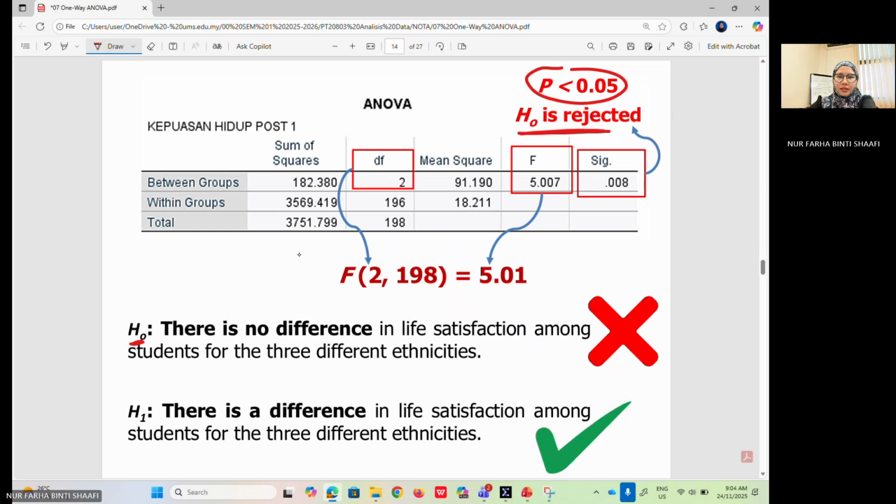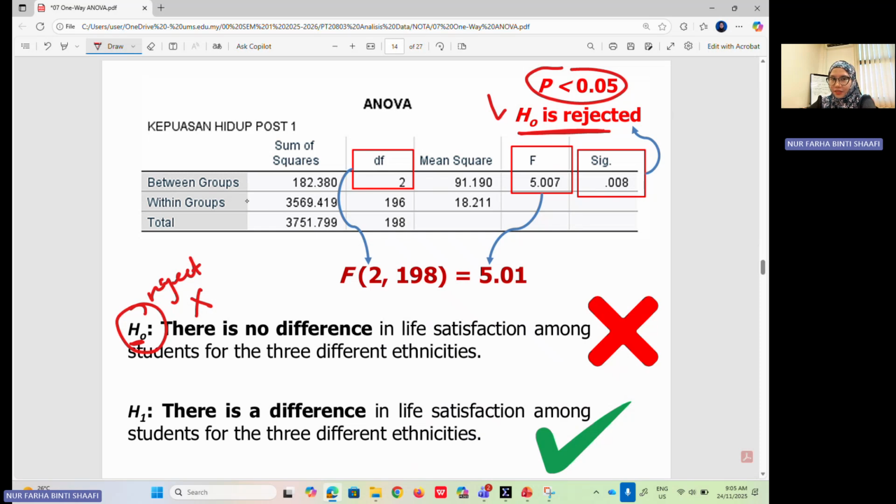So from here, your null hypothesis is rejected. If you reject this null hypothesis, meaning that there is a difference, right? There is a difference between life satisfaction and ethnicities.